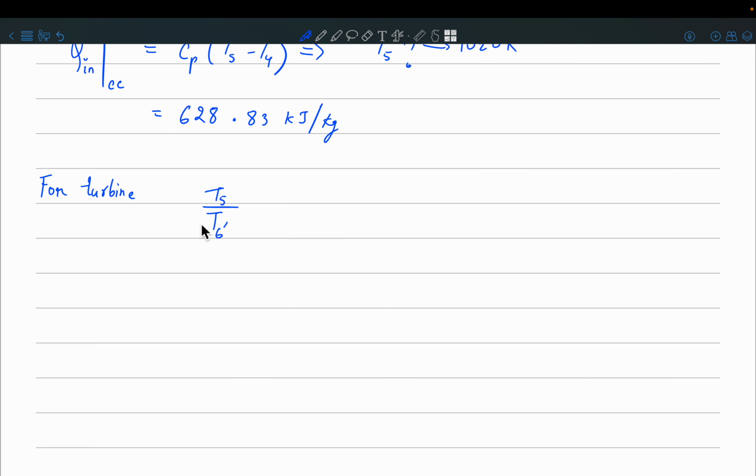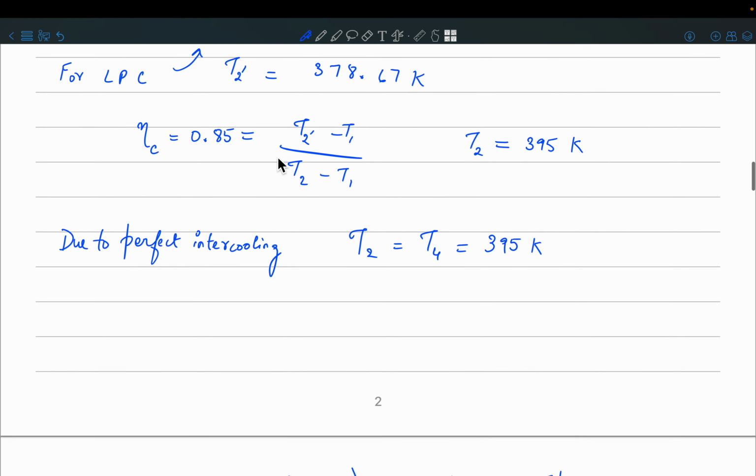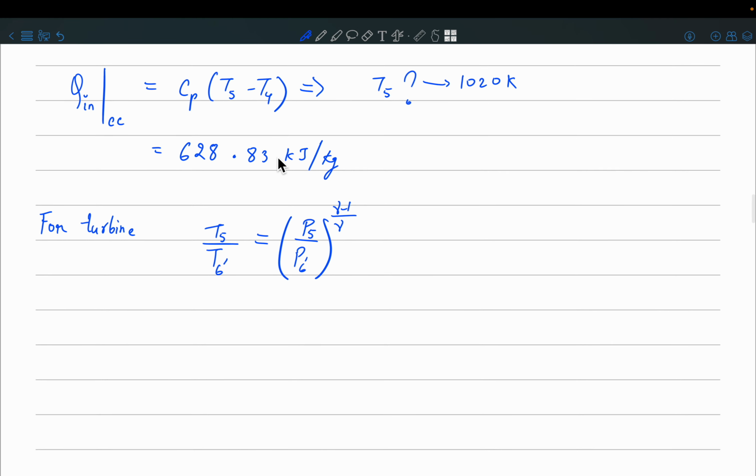So this is the ideal state 6 prime, that has a relation to the pressure ratio (P5 by P6 prime) whole to the power of (gamma minus 1) by gamma, right? Now if you refer to the figure, the pressure at state 6 prime and at state 6 is going to be the same. So I'll make a note here that P6 prime is equal to P6.